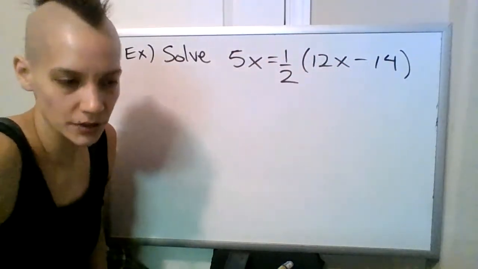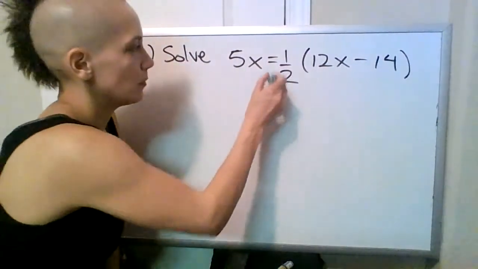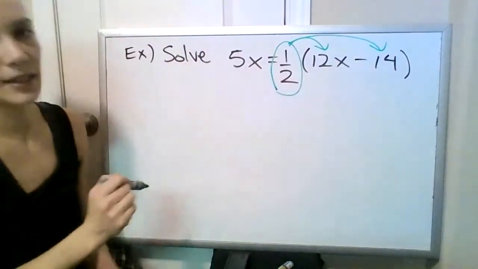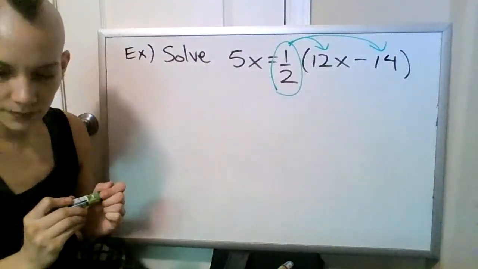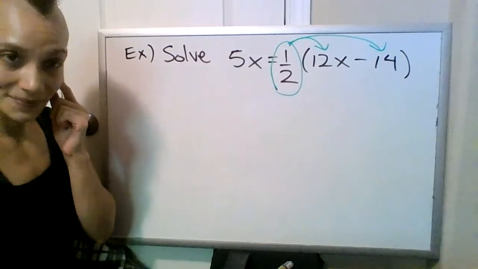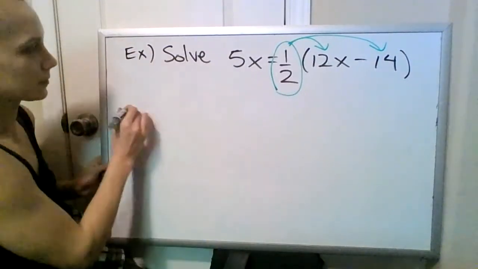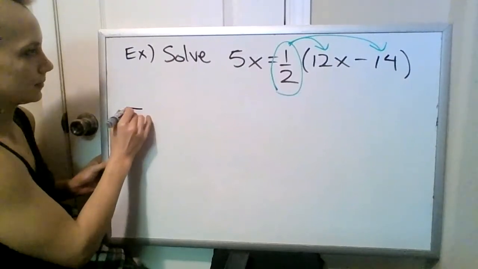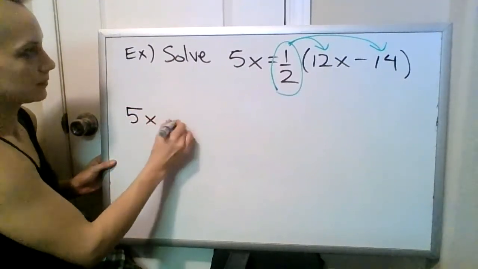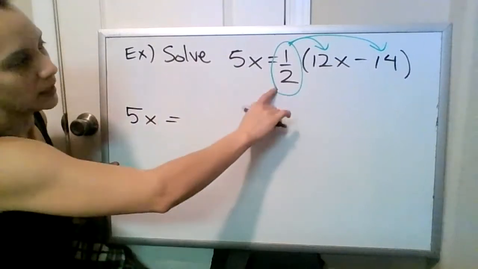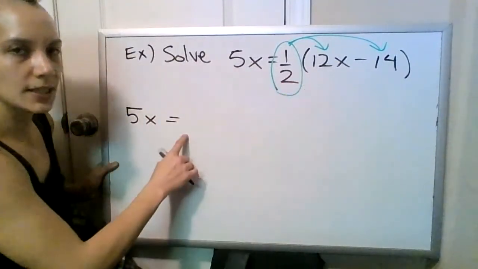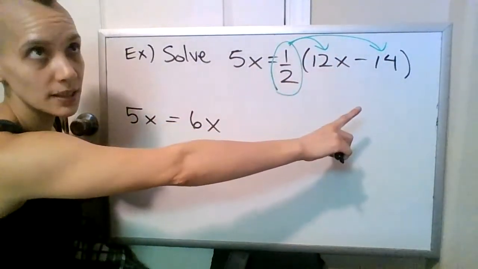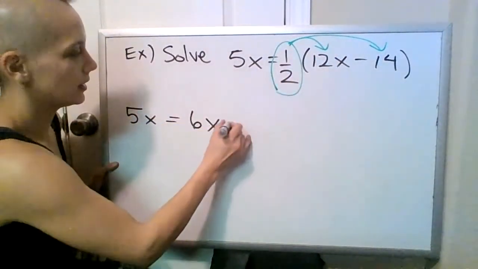So take that fraction and multiply it with 12x and over multiply with -14. And 1/2 times 12x is going to give 6x. 1/2 times -14 is -7.